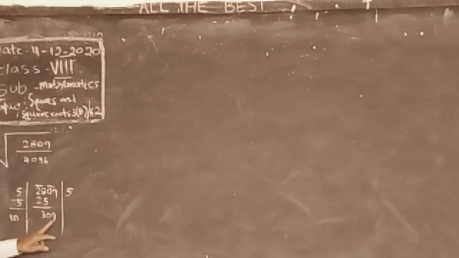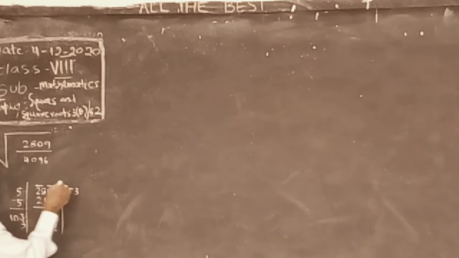Last digit is 9, it is possible with 3 or 7. 7 7s are 49. Last digit is 9. So here 3. 3 3s are 9. So for the first pair 5, second 3. So 53.